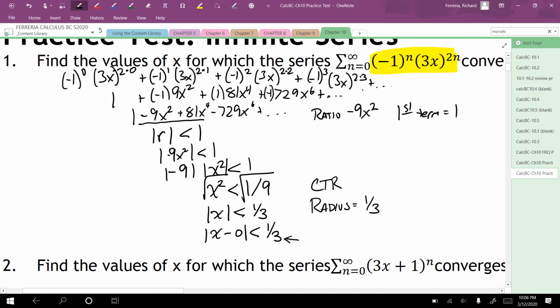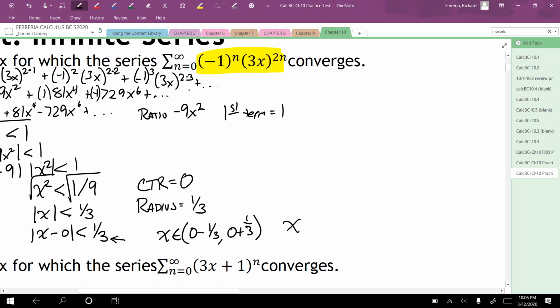Now to finally finish this, find the values for which the series converges. That's almost code speak for the interval of convergence. So for the interval of convergence, x needs to be in the interval from the center minus the radius, 0 minus 1/3, to 0 plus 1/3, which of course you can simplify as x needs to be in between negative 1/3 and positive 1/3.